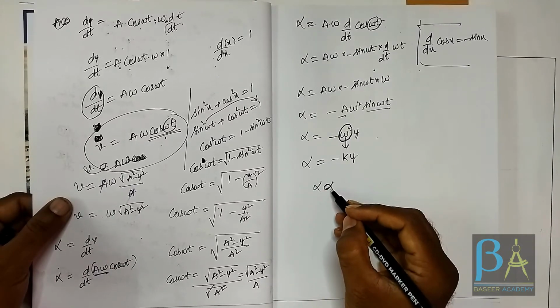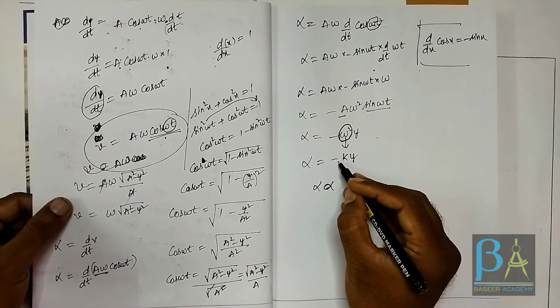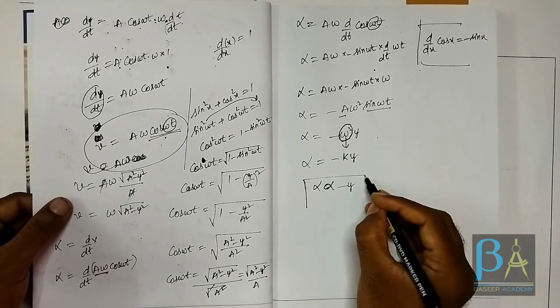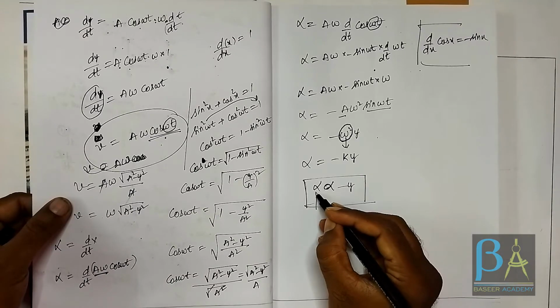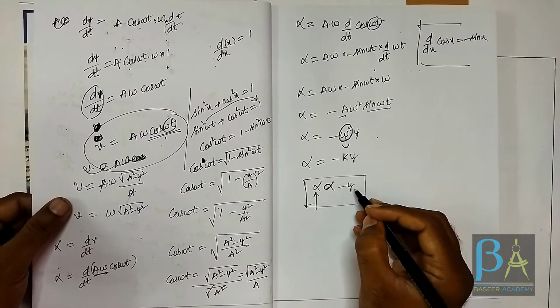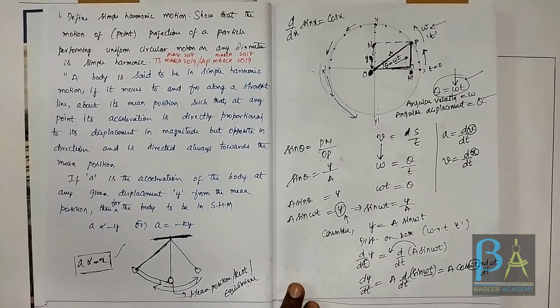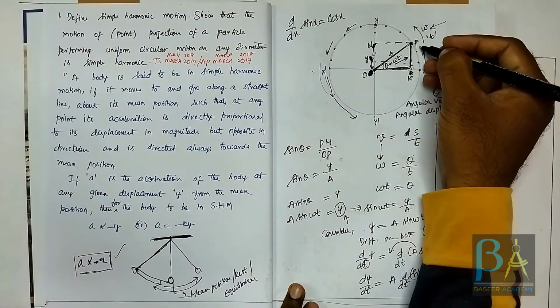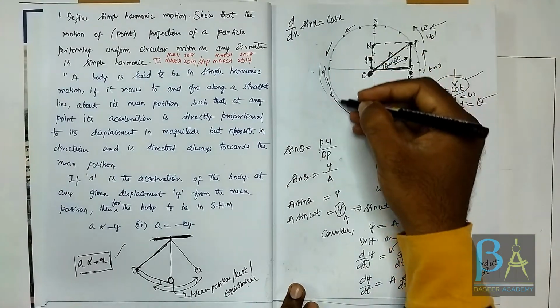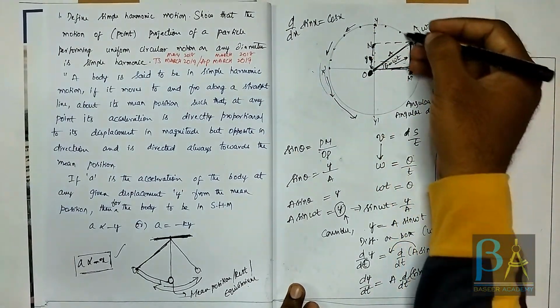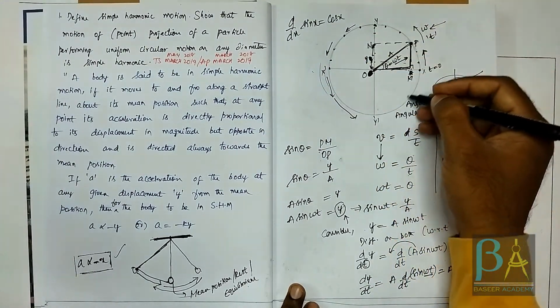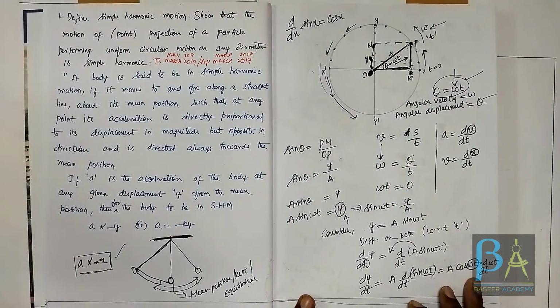So alpha is proportional to minus y. So we ended up proving that the angular acceleration is directly proportional to negative of the displacement. That is how we can prove that the projection of a particle performing a uniform circular motion on any diameter is simple harmonic.